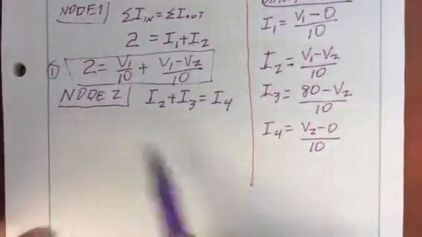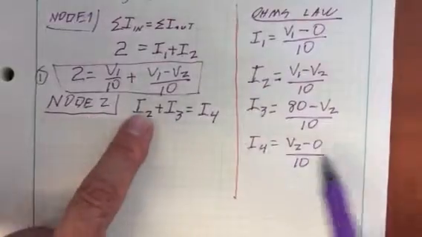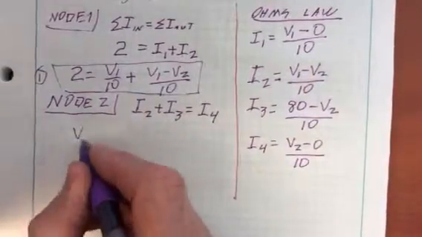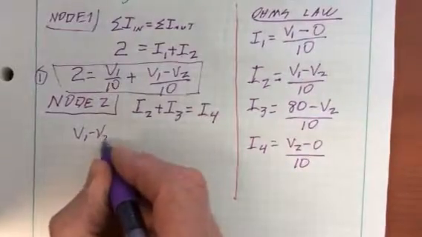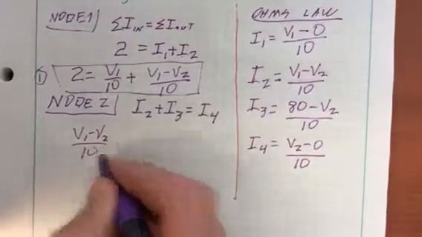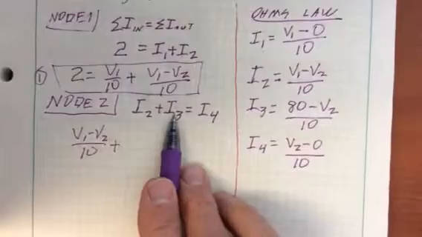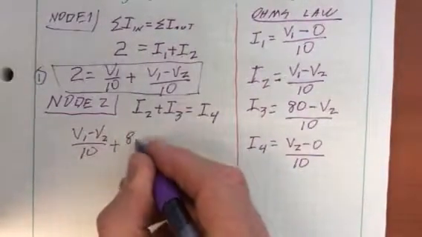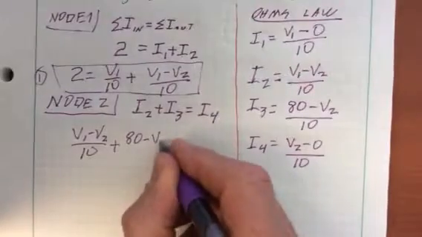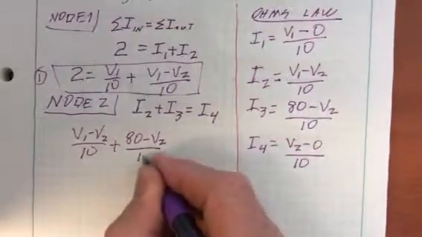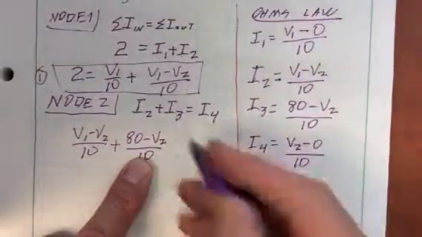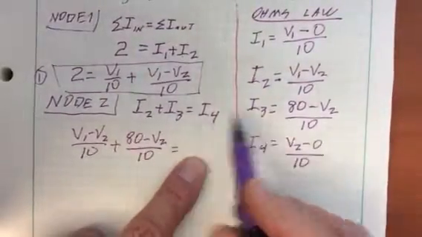I'll assume you can do that. For node 2, I2, V1 minus V2 over 10, plus I3, 80 minus V2 over 10, put that right there where I3 is, equals I4.